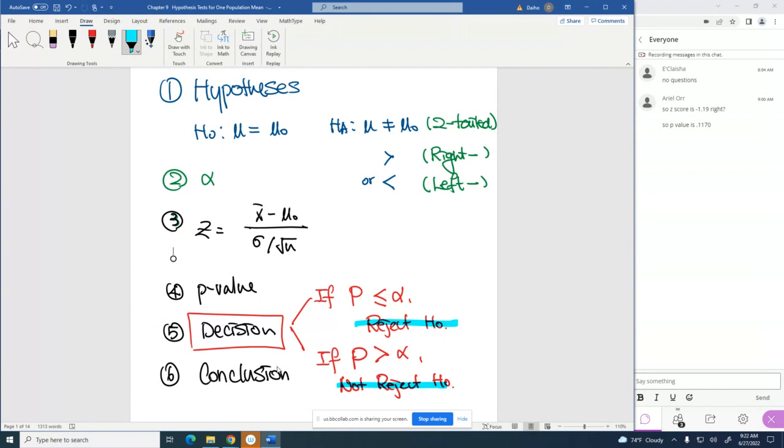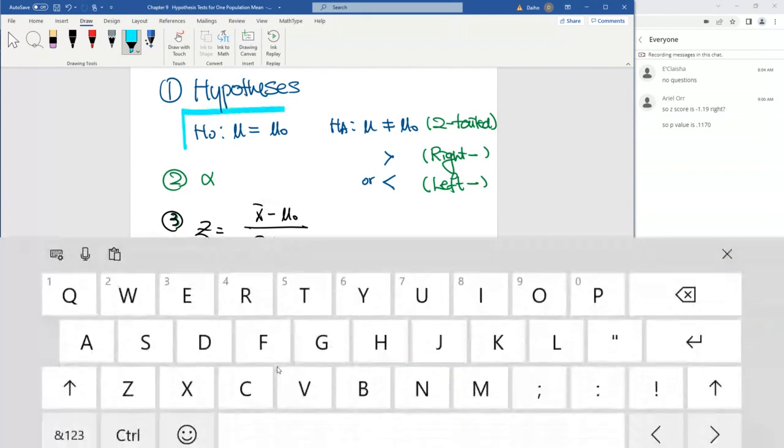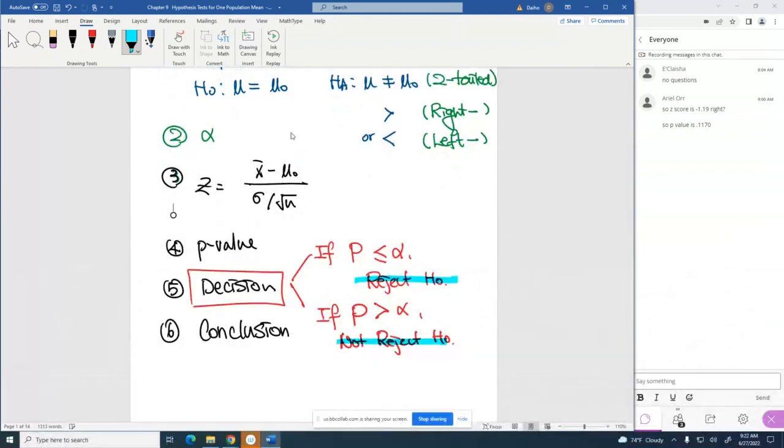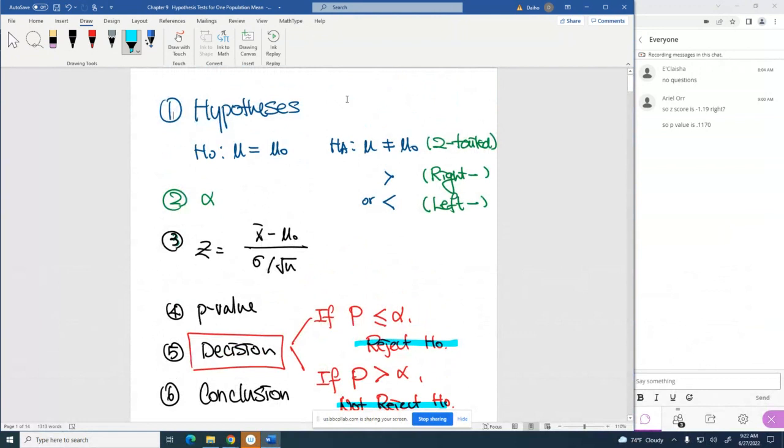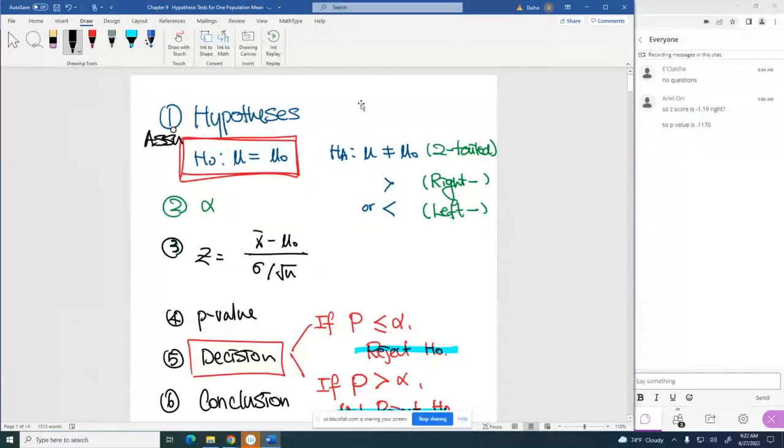Now please come back to statistics. At the very beginning, we assumed the unknown population mean was mu 0. We didn't know how much the population mean was.